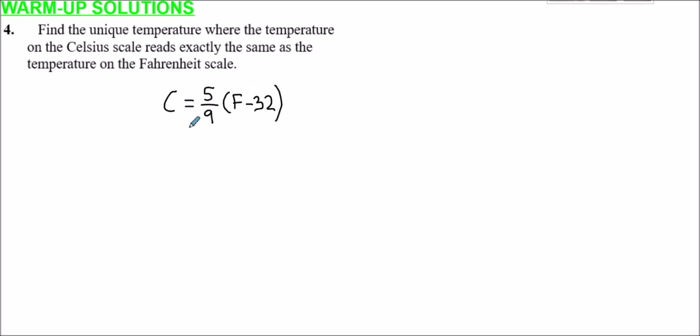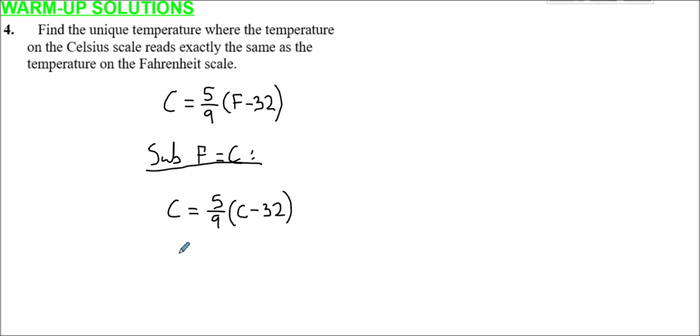But when f equals c, we can say that c equals f, or indeed that f equals c, so we can just equate c and f. We can substitute in place of f, that f equals c. So then what we're going to get is c equals 5/9 c, because f is c, minus 32.